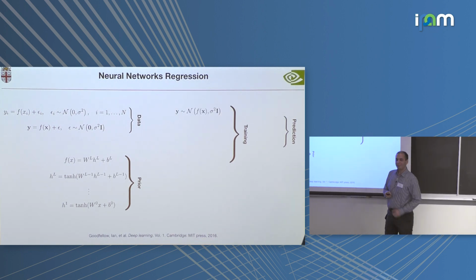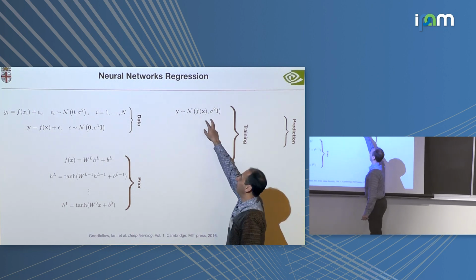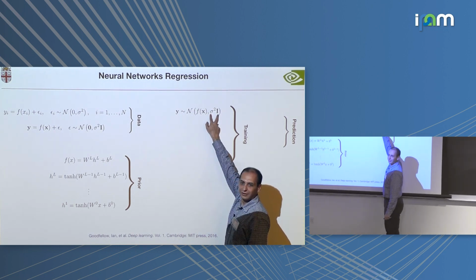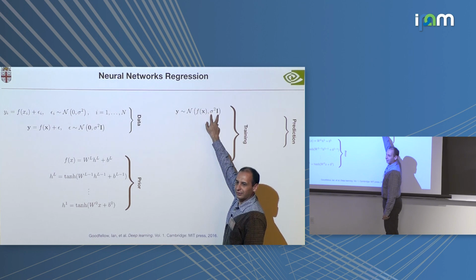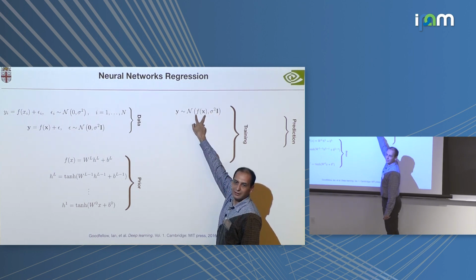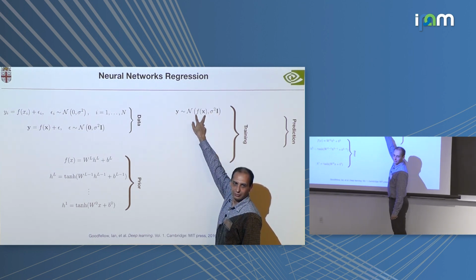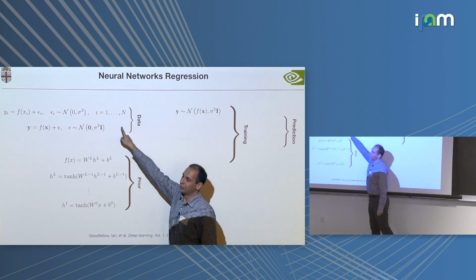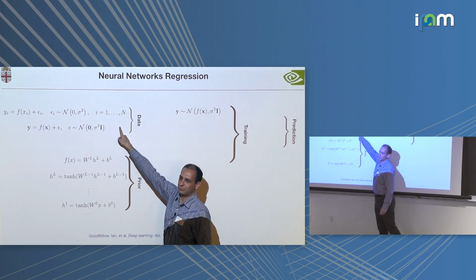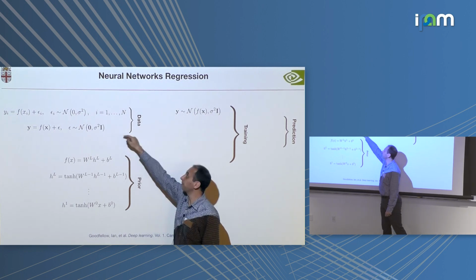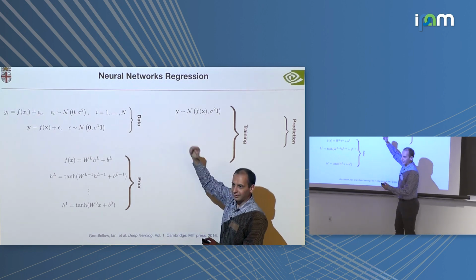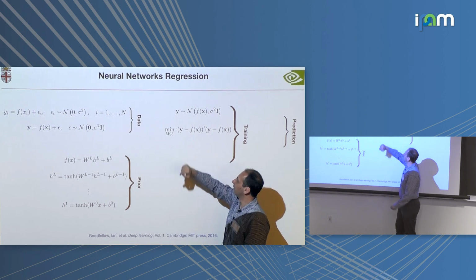For Gaussian processes, everything was about the covariance. For neural networks, everything is about the mean. That's coming out of our noise assumption. That's our noise model. That's our likelihood model. Now we can write down our likelihood.